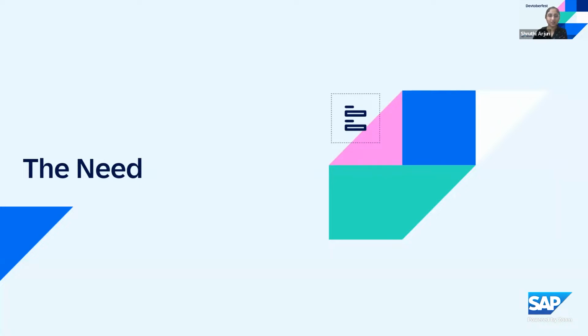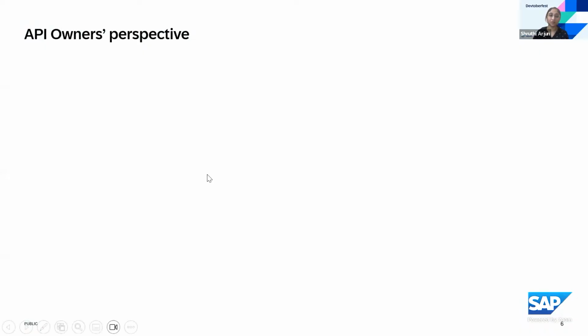Let's look at why we really need this, right? So there needs to be a reason why we build all of these cool innovations. Today, with API management, we already have an analytics dashboard. Now, this dashboard is a key tooling that we provide to API owners, the developers, the DevOps personnel, in order to get insights on how the APIs are performing, what is the usage of these APIs, how is the API health?